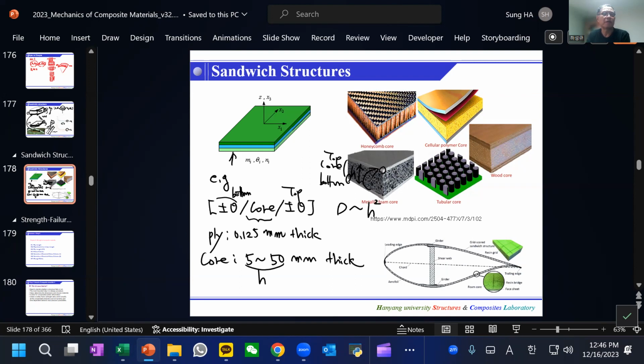So if we increase H, then D will increase very significantly. So let's take a look at this behavior using our CLT.